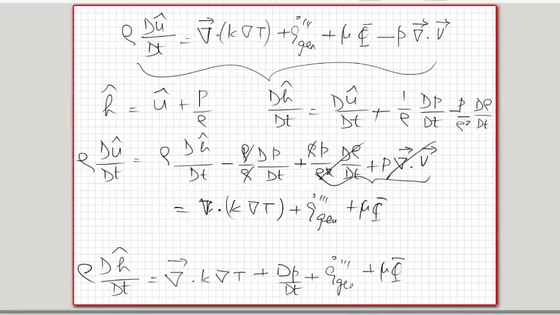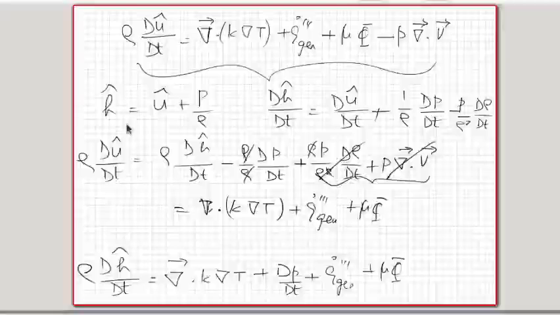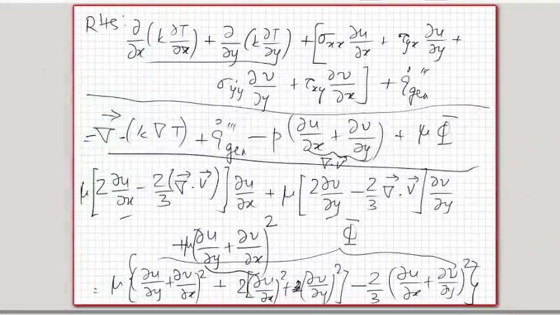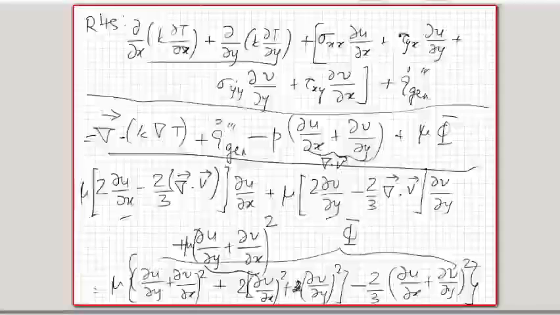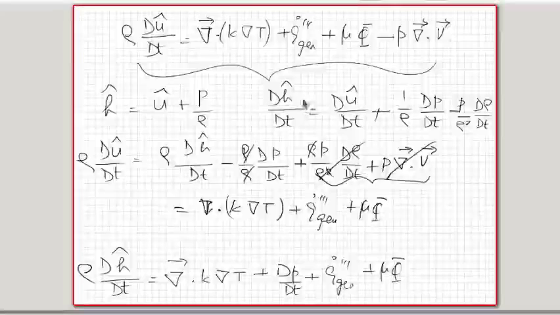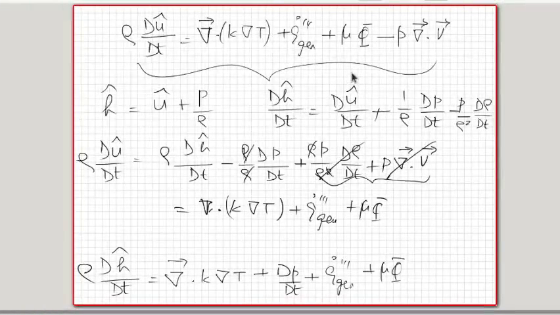Actually I missed out on one term in this whole process. dH/dt is not just this, but there will be one more term that will come, because H is a function of both pressure and temperature.